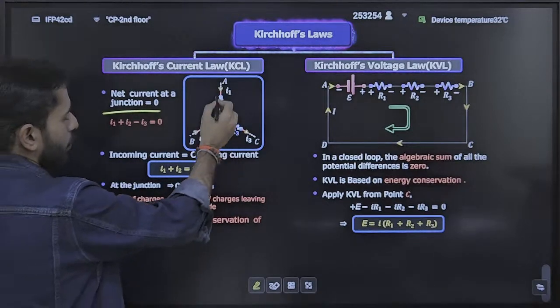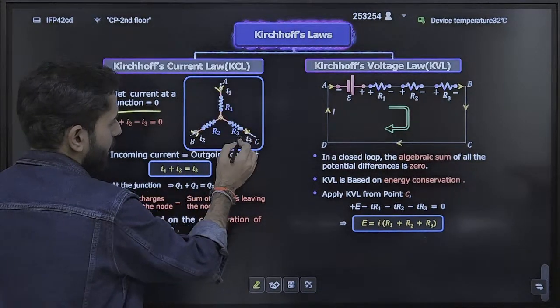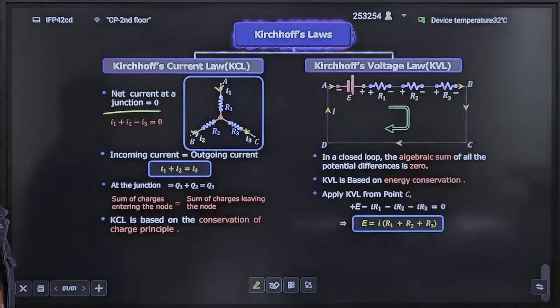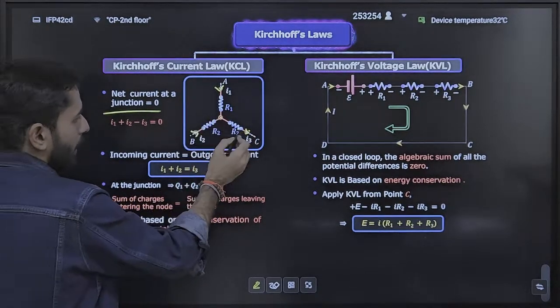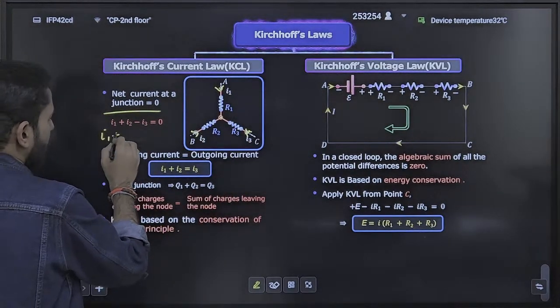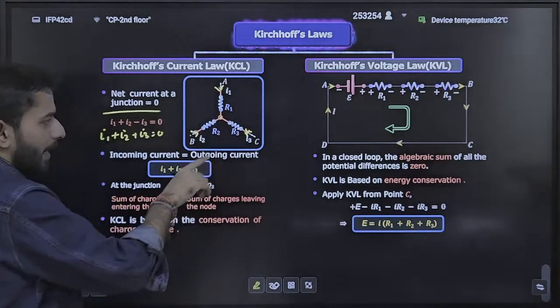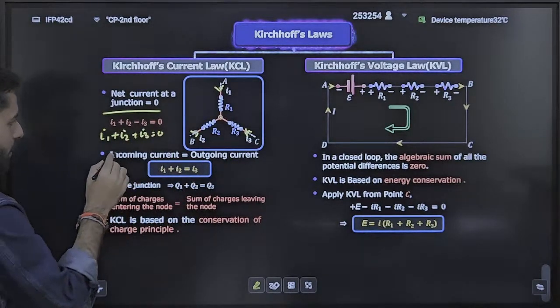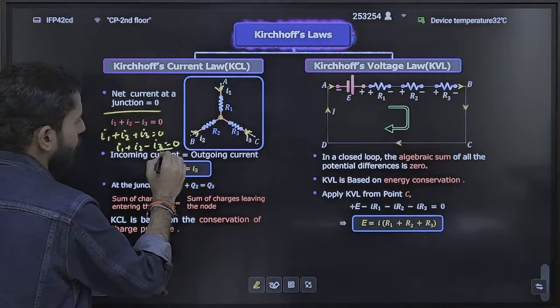Here, this is current I1, this is current I2, and this is current I3. So how am I writing it? If this I3 is in this direction, I will write I1 plus I3 is equal to 0. But the direction for I3 is actually against this, so I can write I1 minus I3 is equal to 0.